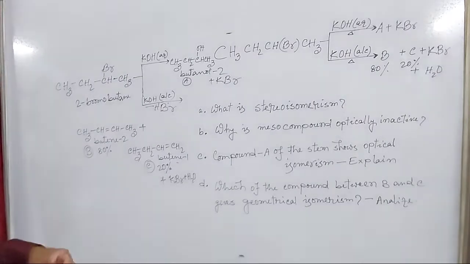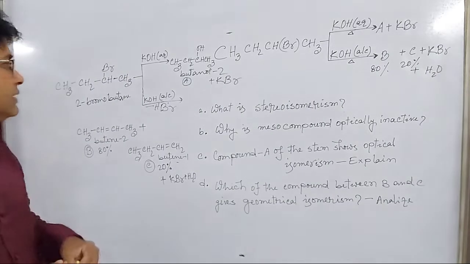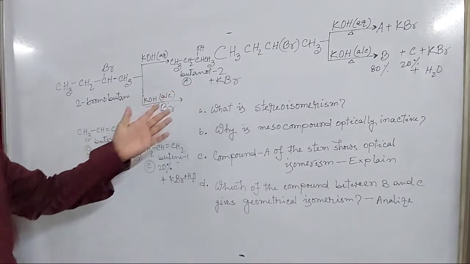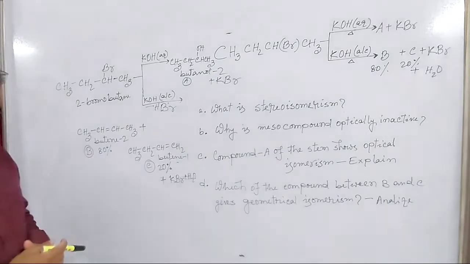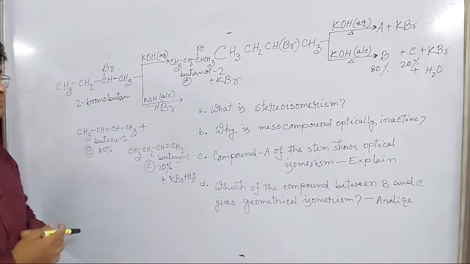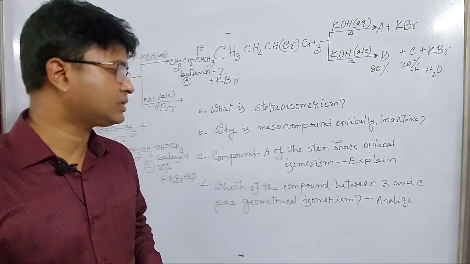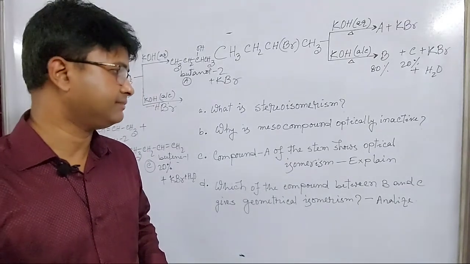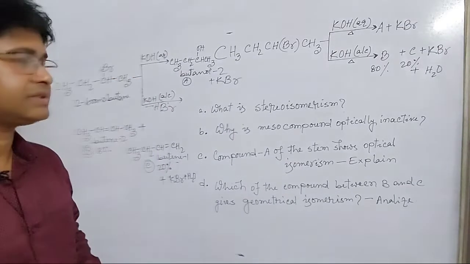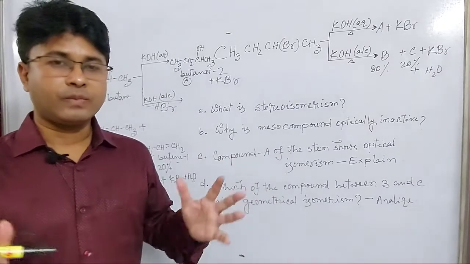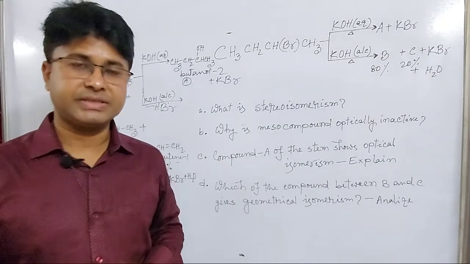So students, already I have identified the names of A, B and C compounds according to the stem. The question B of the stem shows optical isomerism. Dear students, first you have to write the definition of optical isomers.